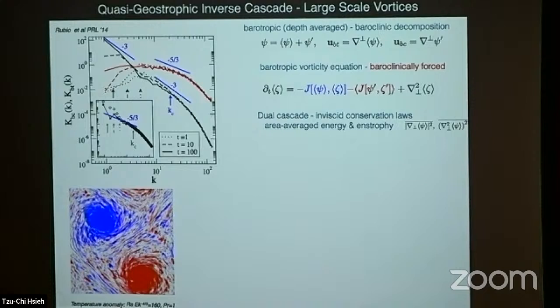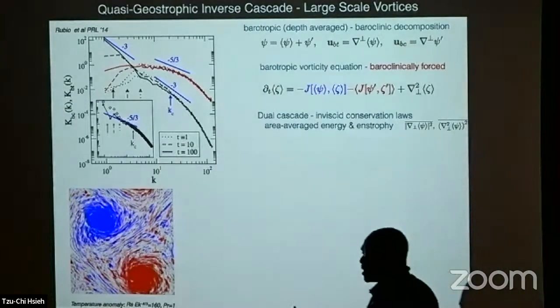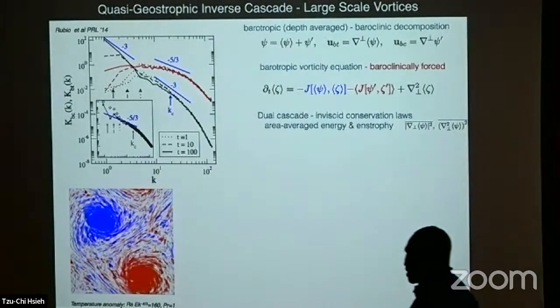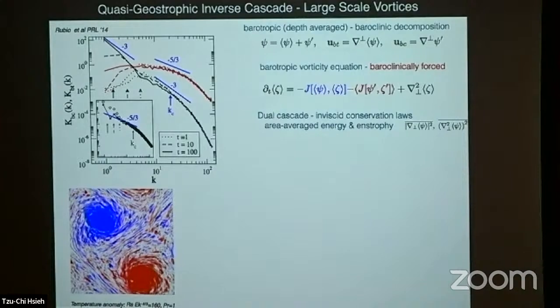And as Hussein was saying, rather than seeing a -5/3 energy cascade going up, you've got the condensate that has reached the box size, and energy is being dumped into that. So we see a pretty steep energy signature.